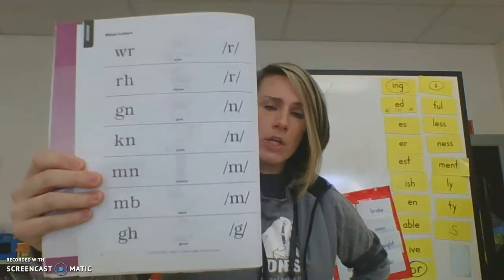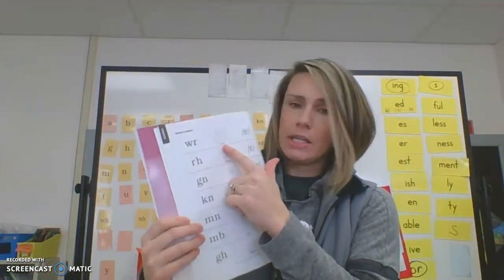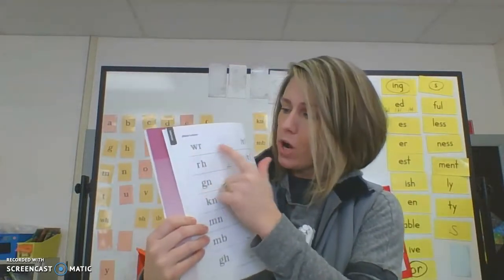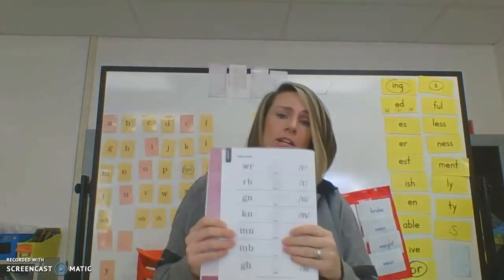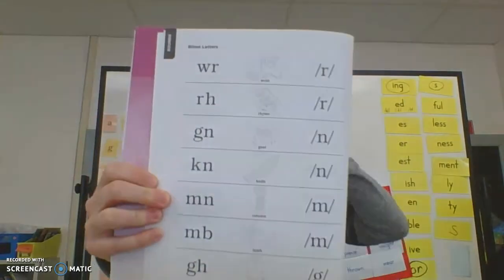And at this point, I'm going to turn the rest of the warm-up over to you and your student notebook. So please go ahead and find the page that has all of the silent letters, page 4. And I want you to pretend you're the teacher and read all of those out loud with the letters, keyword, and sound like this. W-R, wrist, er. Go ahead, find your own notebook and do it, or look at mine right here.